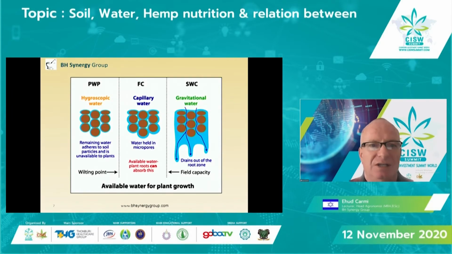It adheres to the particles and is not available to the plant. In field capacity, there is enough water. The micropores can hold the water, it's available to the plant roots, and they can absorb it. All the time, the water is going out as gravitational water, and we're talking about the drainage and how to use it.